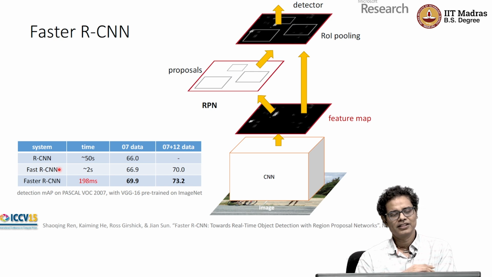So Fast RCNN finds the features just once. Once it computes the features, based on that it finds the corresponding ROI, and then it does the classification and regression. And Faster RCNN incorporates the region proposal network within this architecture itself. So overall, these are the various versions.